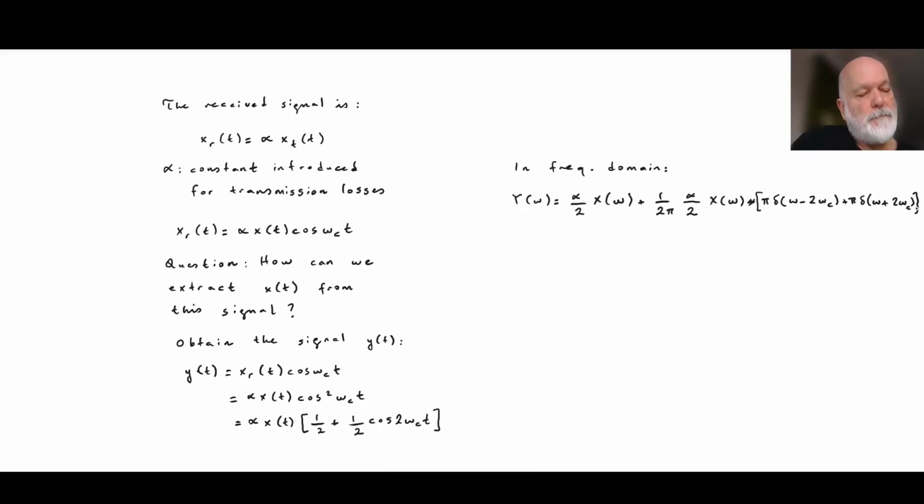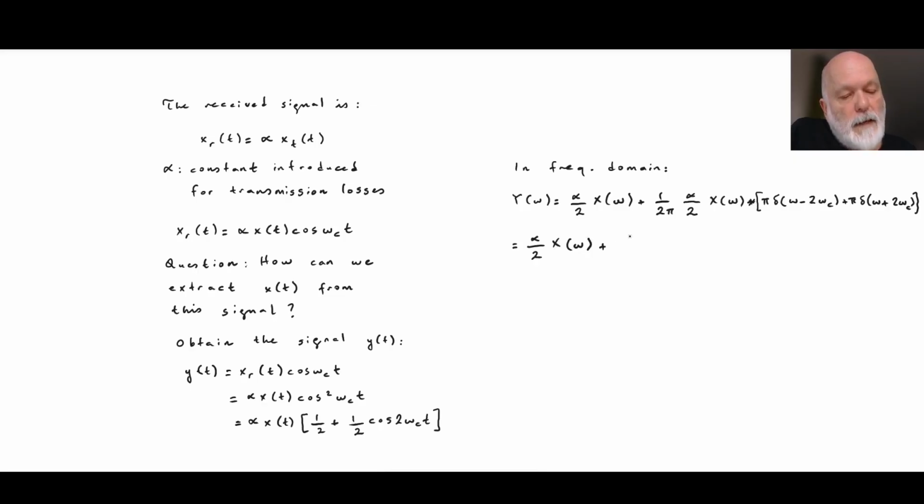Okay. So we have y of omega equal to alpha over 2 x of omega plus, okay, pi's will cancel out.